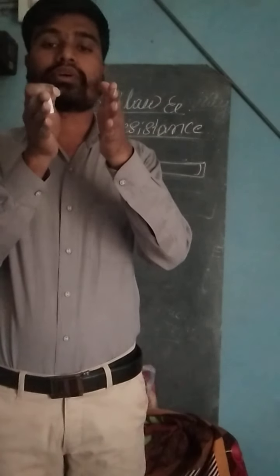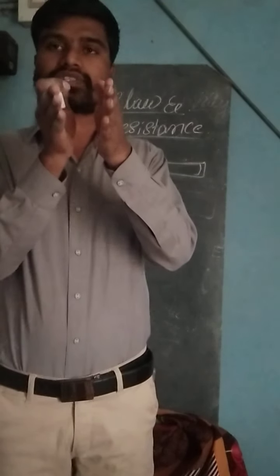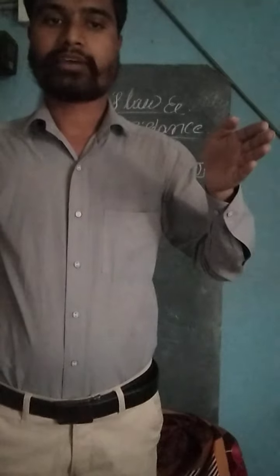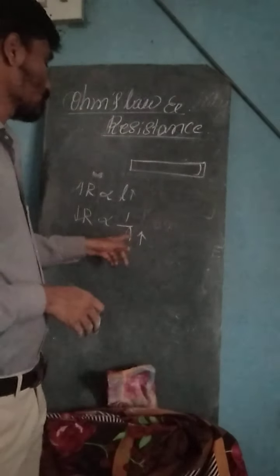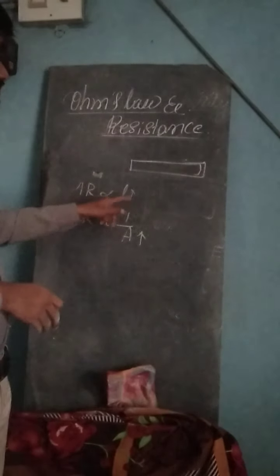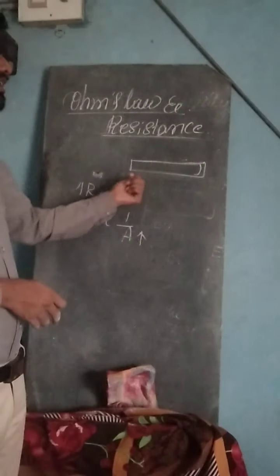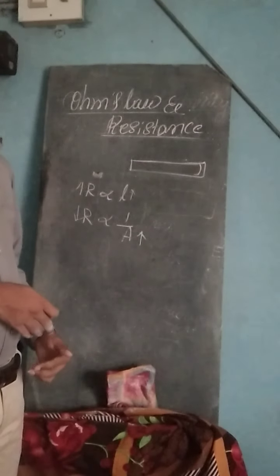It is difficult to move inside this wall. Why? Because the area of cross section is less. If the area of cross section is large, I can easily move. I am a charge, I can easily move. So if the area of cross section increases, the resistance decreases. If resistance decreases, the current will move in the forward direction easily.